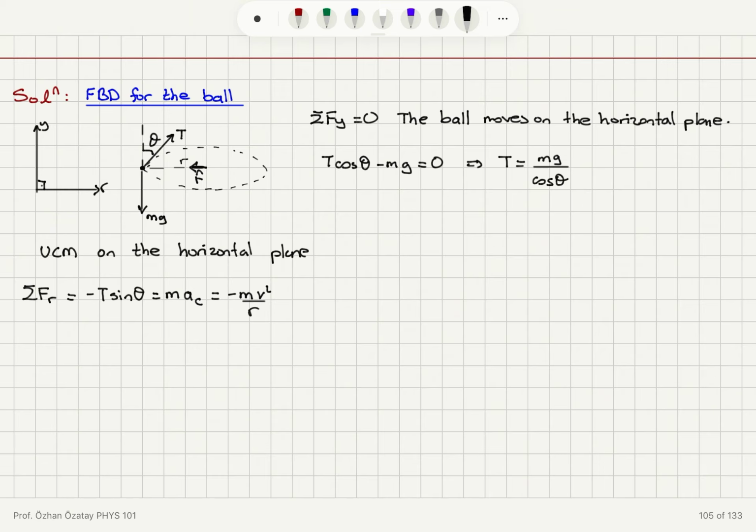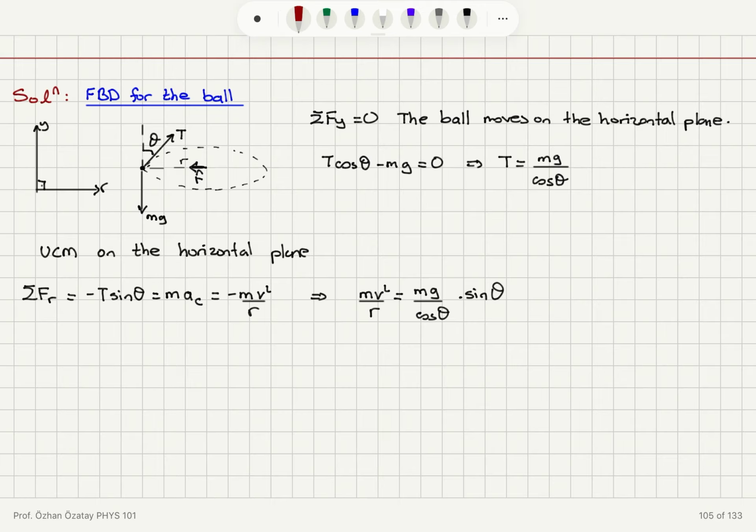So if I substitute for tension mg over cosine theta, then m v squared over r, the magnitude of the centripetal force, must be equal to tension mg divided by cosine theta multiplied with sine theta.